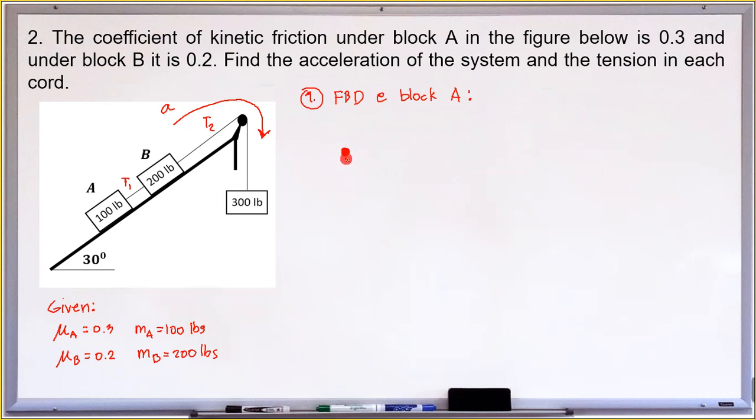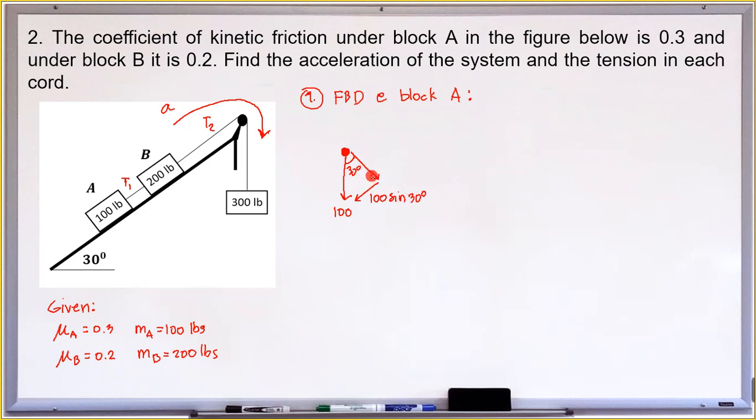First is its own weight directed downwards, 100. What else? Of course, it acts normal to this surface. So we need to resolve this weight into components normal to the surface, this one is 30 degrees, and also along the surface. Along the surface, this is a right triangle, so this is 100 sine 30.